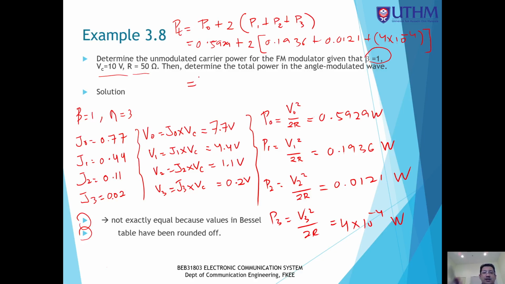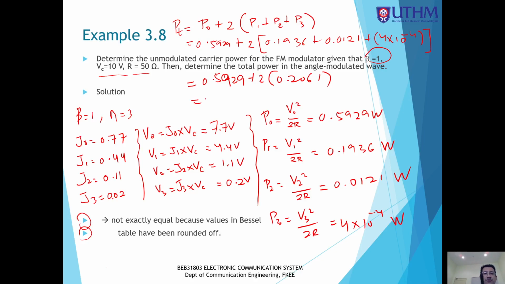So let's calculate together. Plus 0.0121 plus 0.1936. Okay, so this is 0.5929 plus 2 times bracket 0.2061.